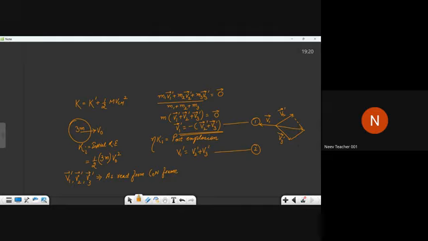I will apply this kinetic energy equation post explosion. Clear, class? So what is kinetic energy post explosion? It is eta times the kinetic energy before explosion, which is half 3m V0 squared. Okay, good enough.